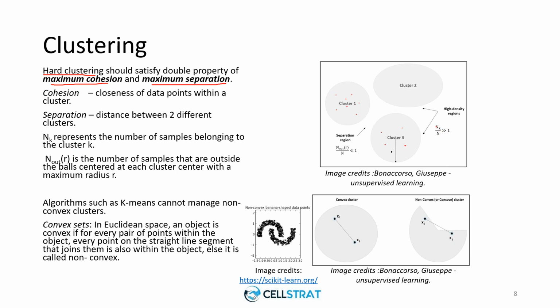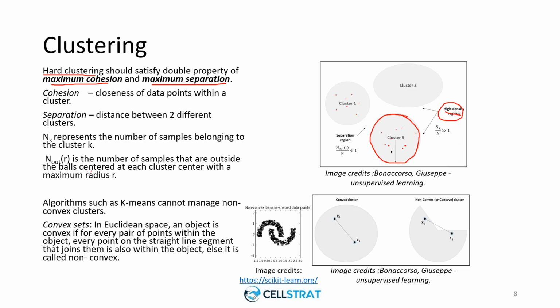So if the samples belonging to a cluster out of the total number of data points is very large, then you know that region can be considered as one group or one cluster. Those are called high density regions. Each cluster can be considered a high density region where you have a lot of data points closely packed with each other. Then you have the separation region.